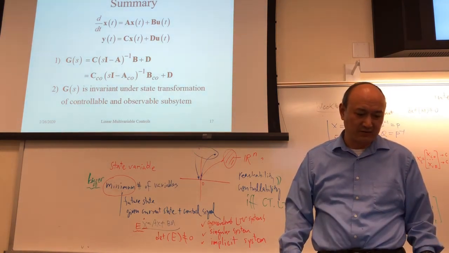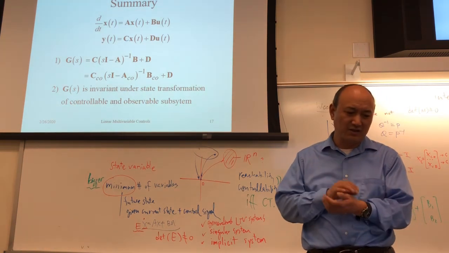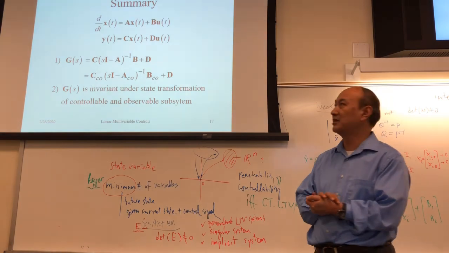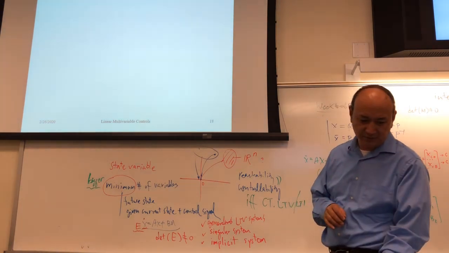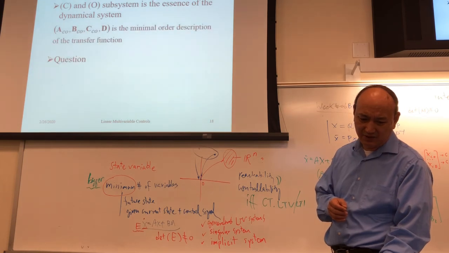We did that kind of. So everything is so clear cut. So we have very good insight about linear multivariable control. Okay. So the same thing can be said about subsystem essence of the dynamic system.